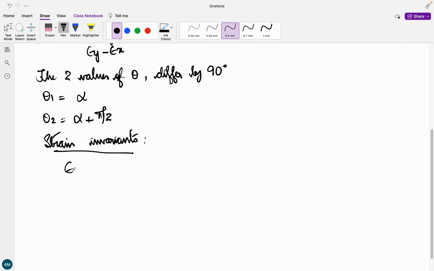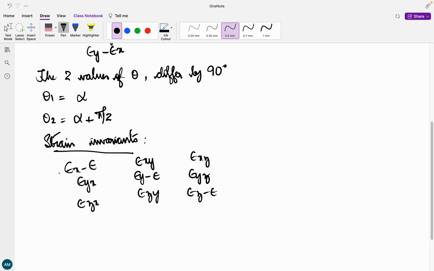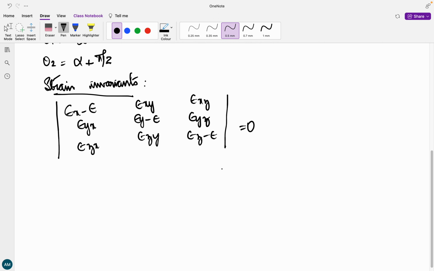So epsilon x minus epsilon, epsilon yx, epsilon zx, then epsilon xy, epsilon y minus epsilon, epsilon zy, epsilon xz, epsilon yz, epsilon z minus epsilon. If we consider this in the form of a determinant equal to 0 and expand this determinant, you will get the values of the strain invariants.